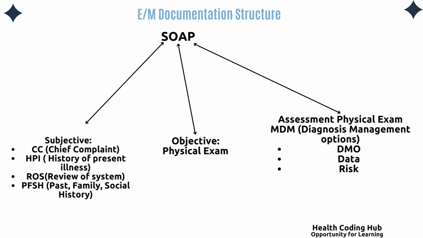Past family social history basically covers medical history, allergy, surgical history, and family history. The exam section refers to physical examination, and the MDM section is for medical decision making. It includes three subsections: diagnosis and management options; data, tests ordered or interpreted by the doctor; and the risk, the level of risk for the patient.